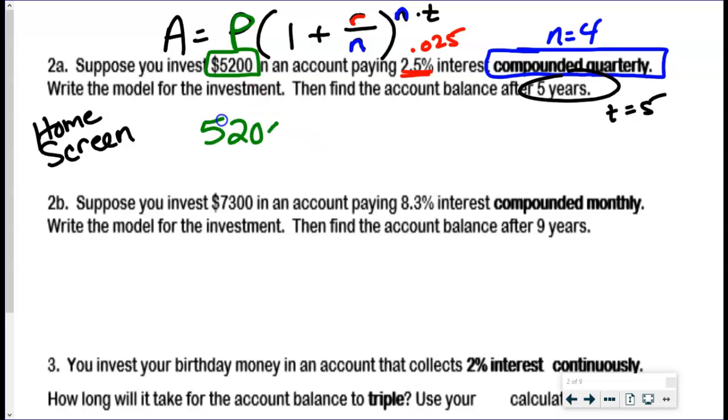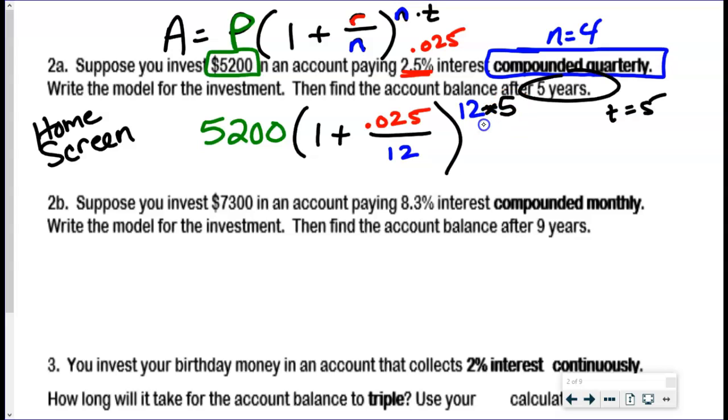So we have 5,200, parenthesis, 1 plus 2.5% is 0.025. You're dividing this by n, which is 12. And then up in your exponent, that 12 shows up again, and you're going to multiply it by 5 years. Okay, so that's a 60 if you want to simplify it, but either way, you're going to type all of this into the calculator. And in your home screen, you're going to get $5,890.08.